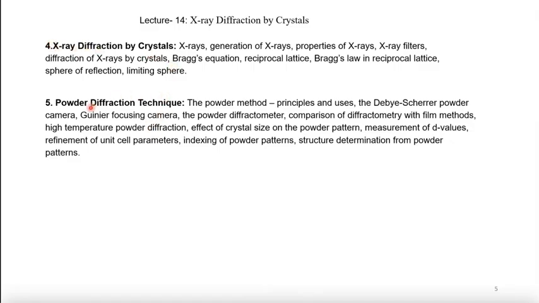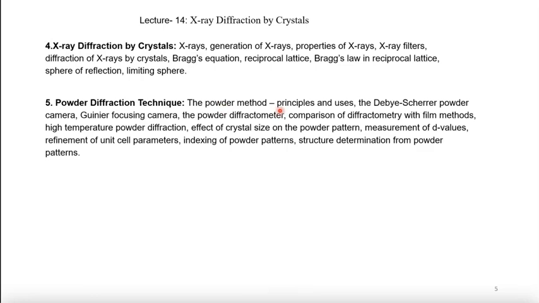Now the section 5, which is powder diffraction techniques, that's what we have to start. From this lecture we might need another 3-4 lectures to talk about powder diffraction techniques. What is the content of the syllabus?